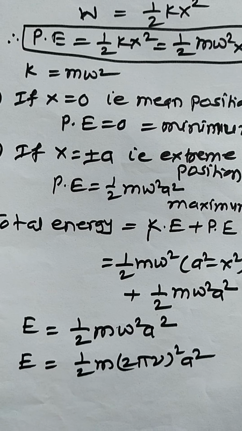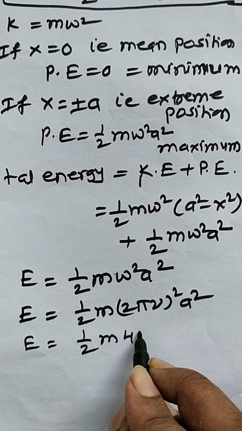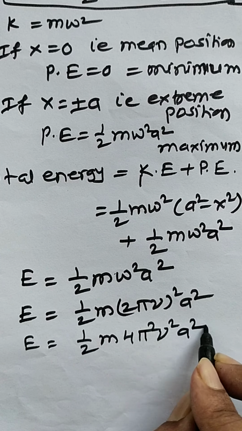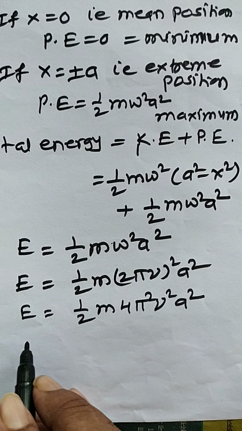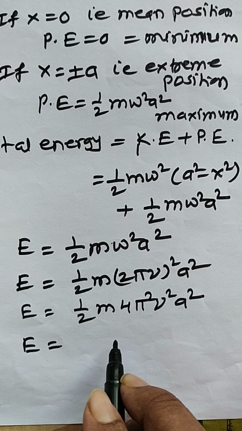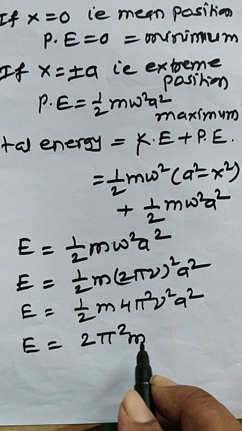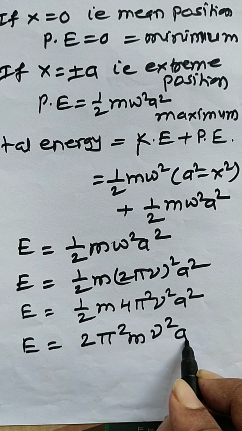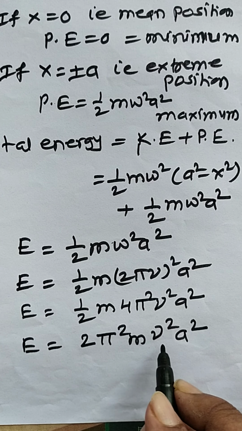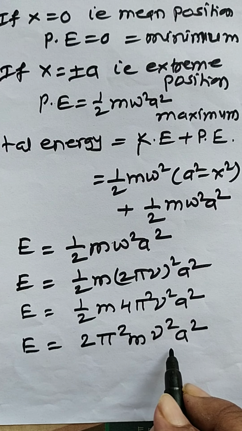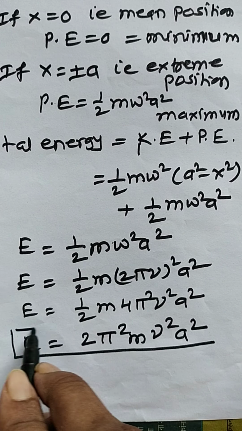Therefore E is equal to 1/2 m 4 pi square nu square a square when we make the square of this. So E is equal to 2 pi square m nu square a square. This is the most important relation.